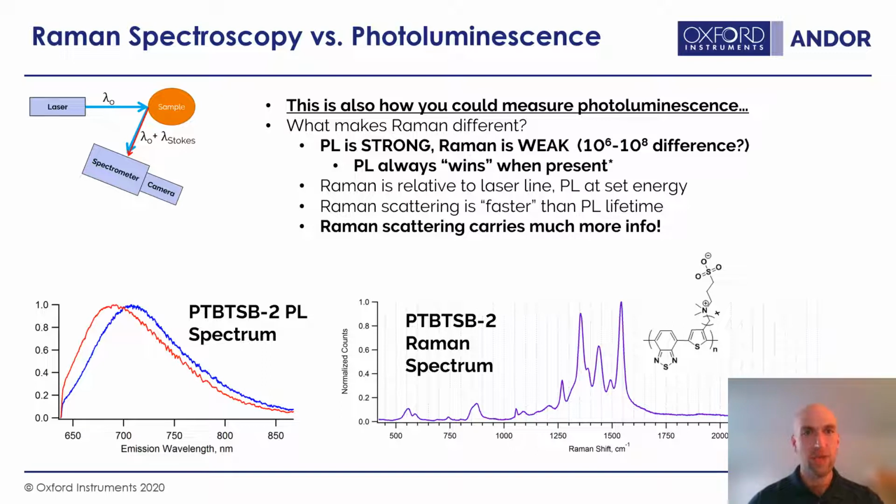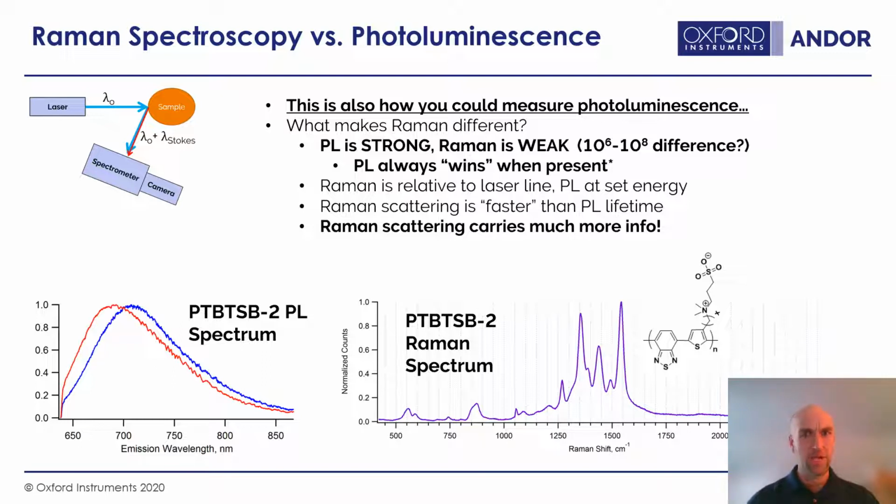So what makes Raman different than photoluminescence? Well, first of all, and this probably can't be overstressed, photoluminescence is generally a very, very strong process. So you shine a blue laser into some fluorescein or something like that, and it will glow. It will glow like crazy. You can see it with your eye from across the room. Raman is a very, very weak process in comparison.